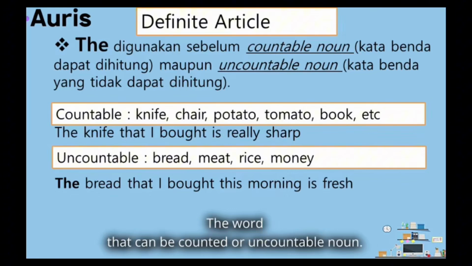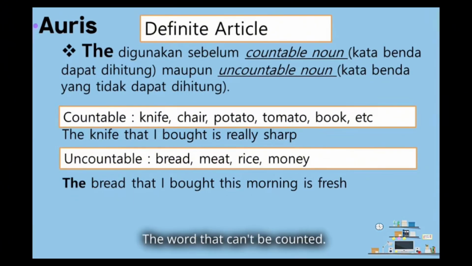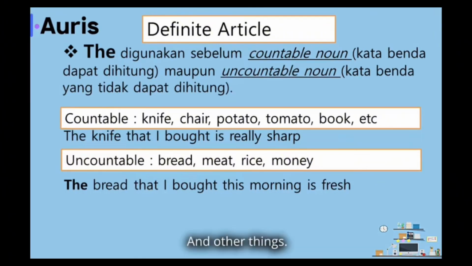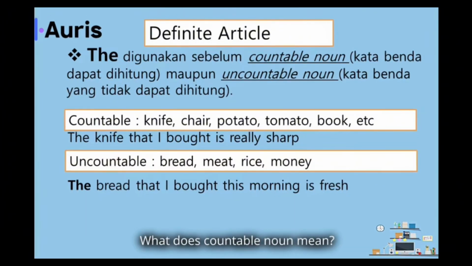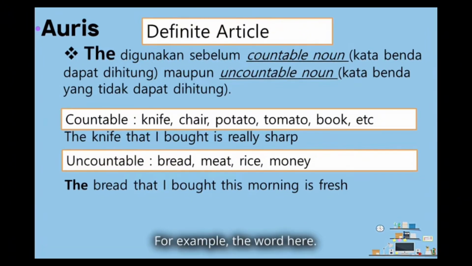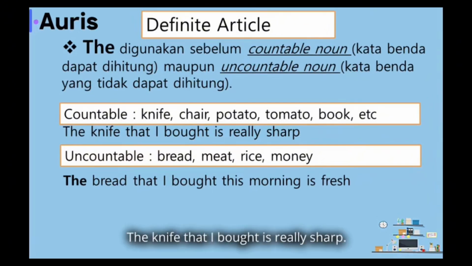Next, the can also be used before a countable noun, a word that can be counted, or an uncountable noun. For example, countable nouns like knife, car, potato, tomato, book, and other things. What does countable noun mean? A countable noun is a thing you can count. For example, the knife that Abag has is really sharp.